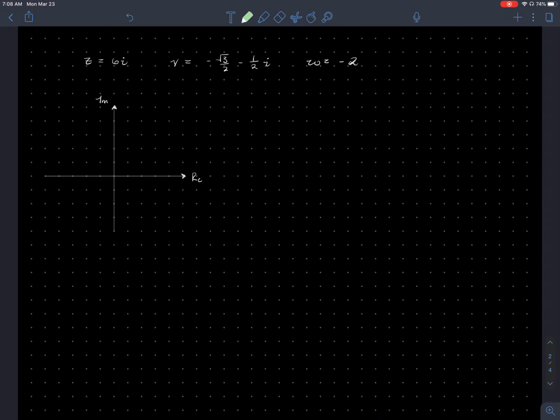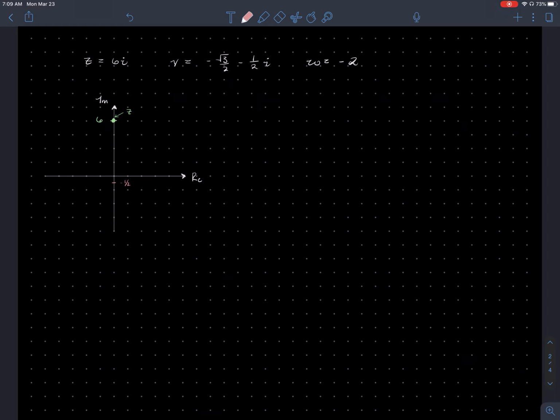Okay, so remember we have a real and imaginary axis. First, let's say that 6 is up here, so that's 6 in the imaginary direction. And that means that z is going to be right there. Now let's do v. Let's change colors on that one. Let's say that negative 1/2 is right there.